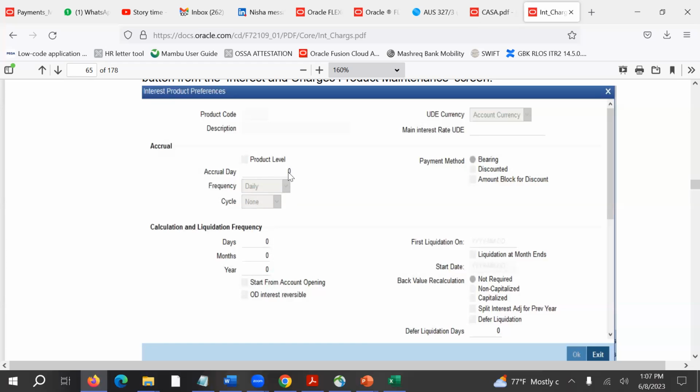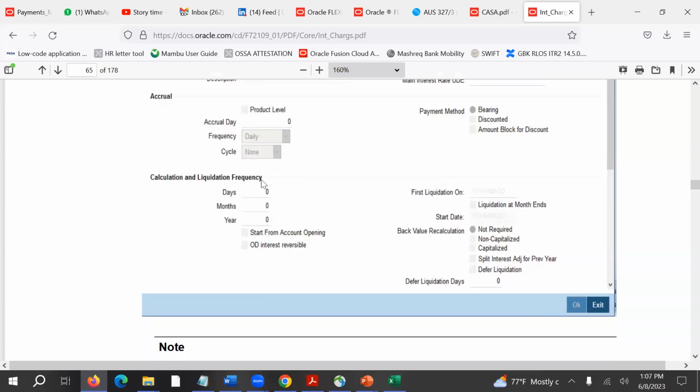Accrual days means how often you want the accrual, whether daily, weekly or whatever. Then the bearing method: this is a standard where you have a bearing payment method, and by default we keep it as bearing only. And then this is for the liquidation: how many days, months, years.